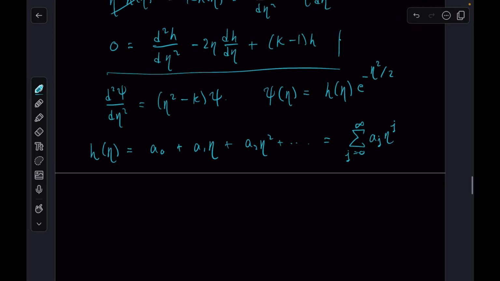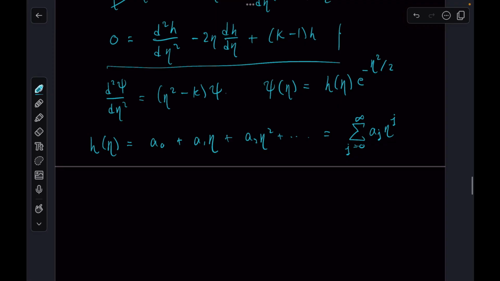Let's also find the first and second derivatives of h. Differentiating, our first derivative is equal to another infinite sum from j equal to 0 of j times a sub j times eta to the power of j minus 1.